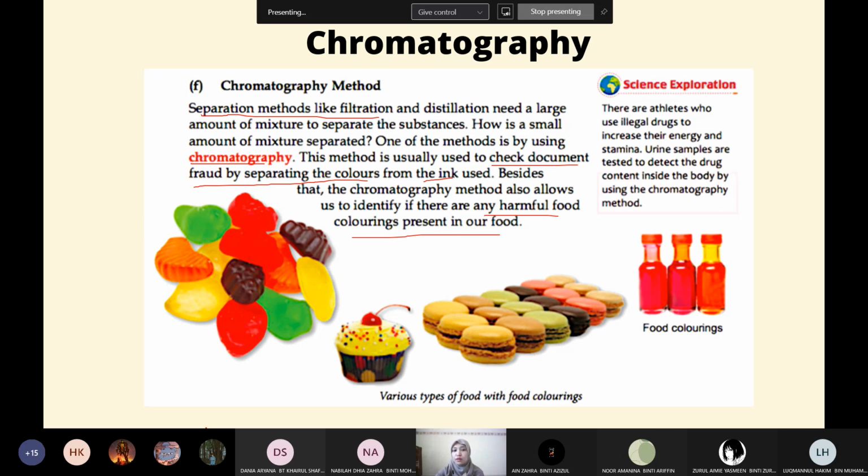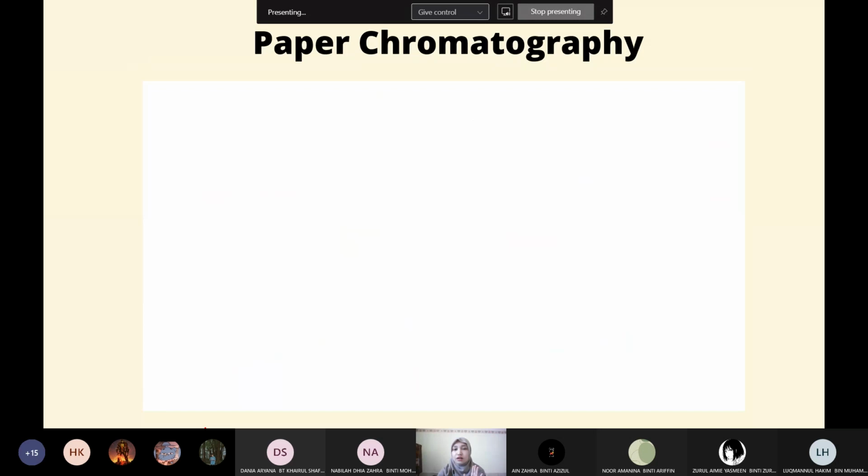Usually food industry use this method to identify whether the food has a harmful substance or not, harmful coloring or not. So basically it can identify color. Alright, we go to video.